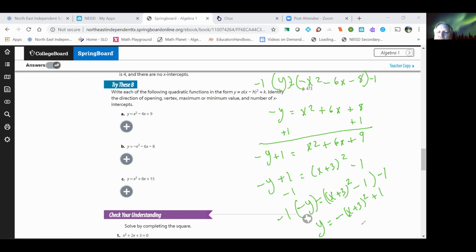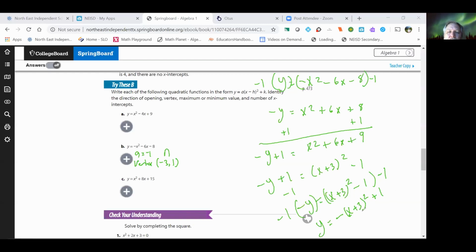Now in this case, if you're noticing what we have here, a is equal to -1, so therefore it's opening downward. Okay, our vertex is at -3, +1. Okay, because it's the opposite of this sign here for the x value of the vertex.